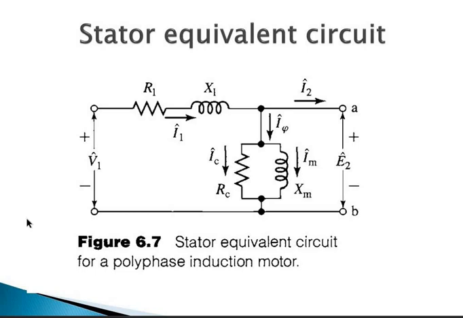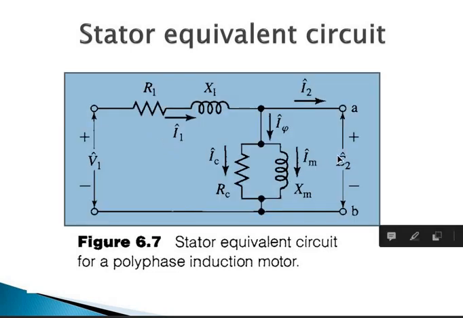the stator is supplied with the AC voltage. And here the representation of the equivalent circuit is only for a single phase. We will consider that this figure stands for the R phase.